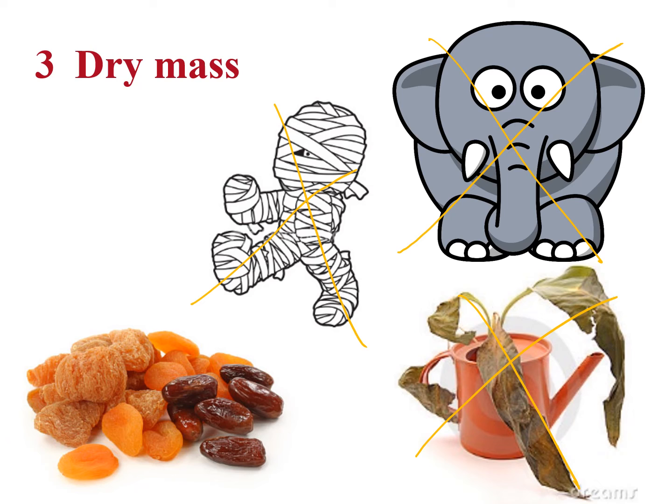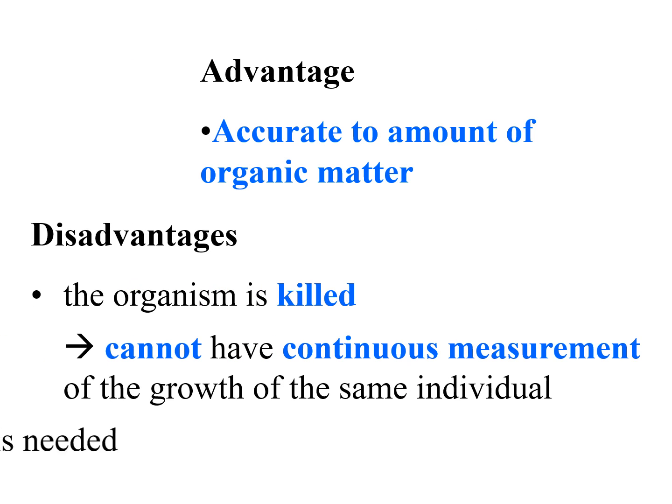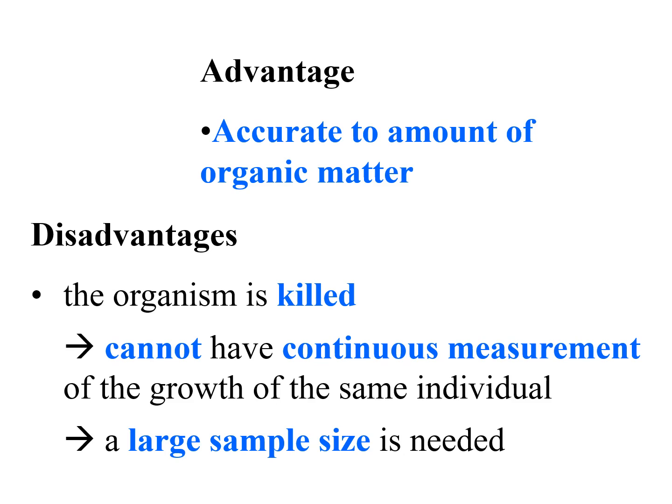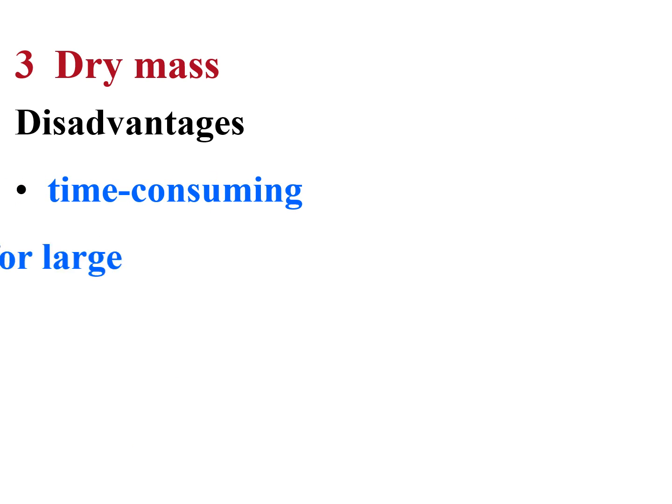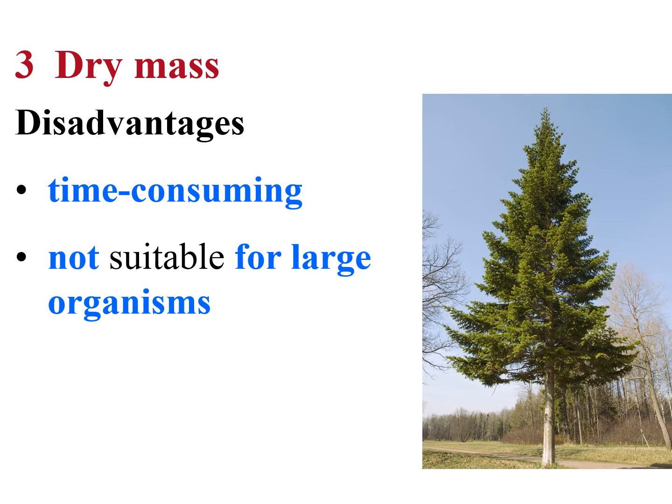You can only measure it once. And if you want a dry mass measurement, you need a large sample size. Therefore, these are the disadvantages of doing dry mass measurement. For the advantages and disadvantages, you can take a look at this page. Obviously, it is not possible to get the dry mass of a tree as well.